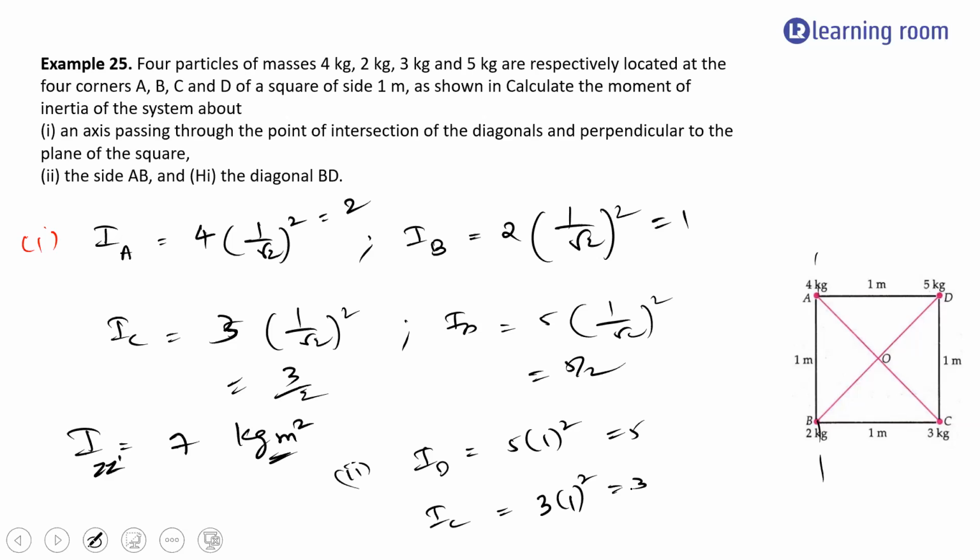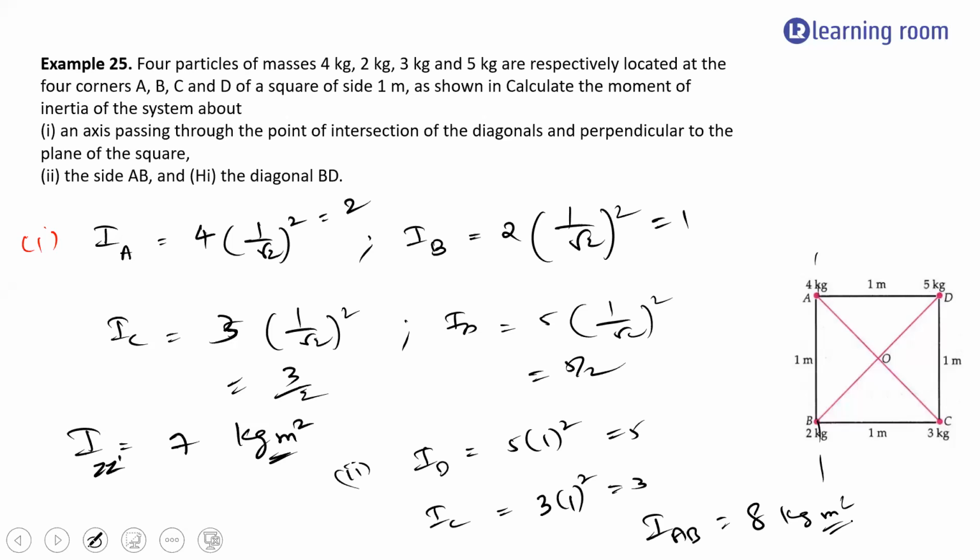So these two masses are revolving about this. Any object that is passing through the axis of rotation itself will not contribute to the moment of inertia because there is no distance. So what is going to be the answer? Moment of inertia about AB is going to be 8 kilogram meter square, because of this mass and this mass.